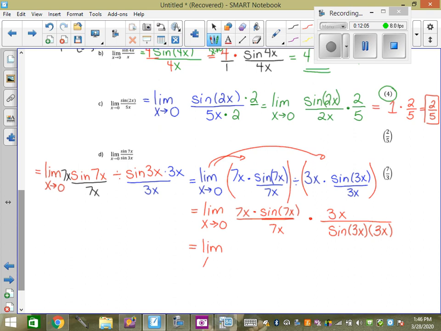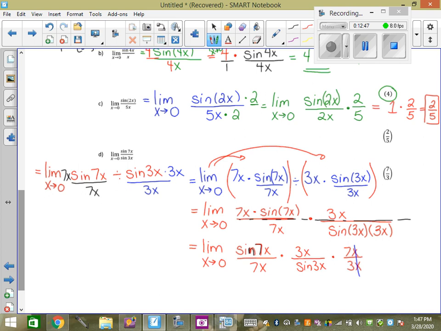So I'm going to go to the limit as x approaches 0. These can all be written together now. It's multiplication, so this can technically be written together like one big thing. So I'm going to go sine 7x over 7x times 3x over sine 3x times 7x over 3x.